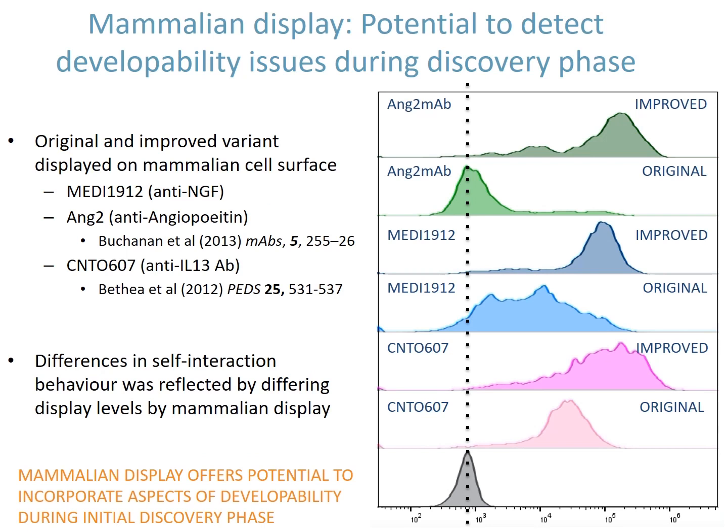So we wanted to know if any of the biophysical problems that this antibody experienced would be reflected in the presentation level when we put it into the mammalian display system.